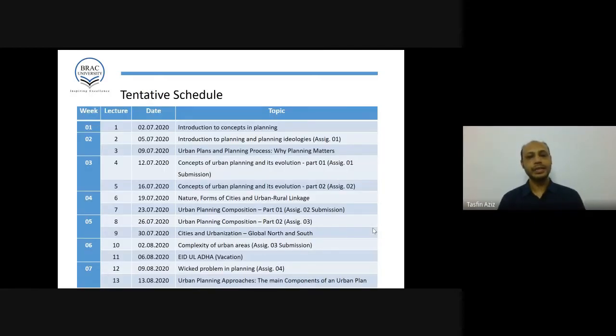Then talking about the tentative schedule, this is a 14-week semester. So we'll be starting with introducing the planning concepts with you. Then we will try to understand planning and planning ideologies.